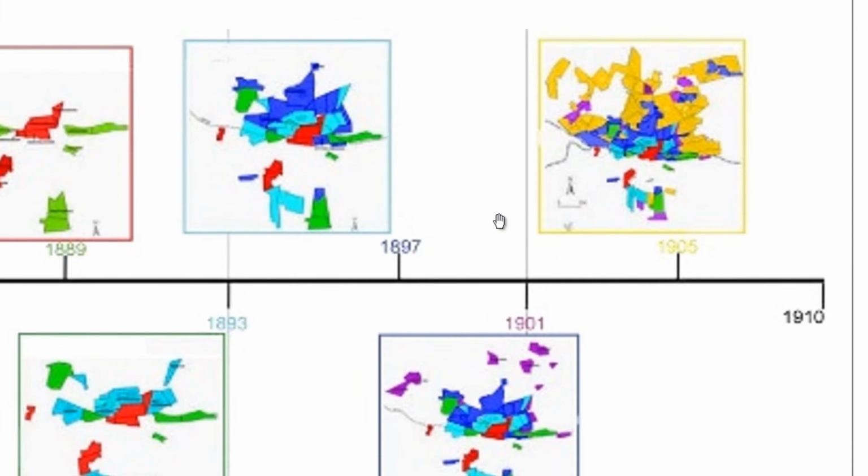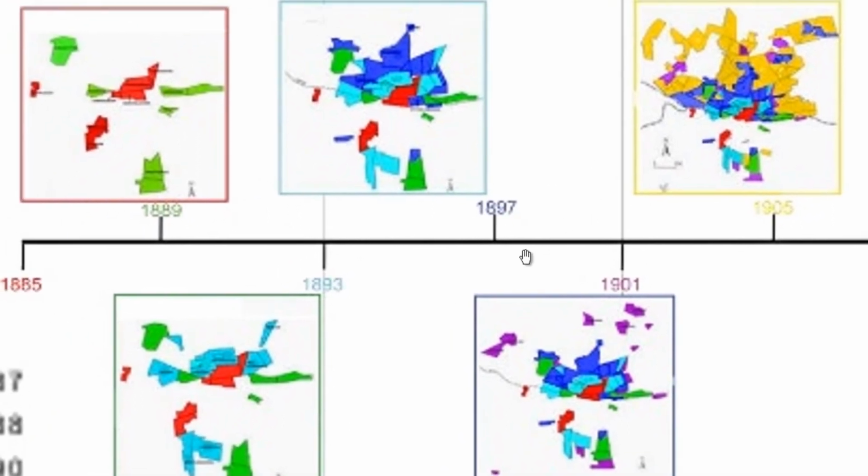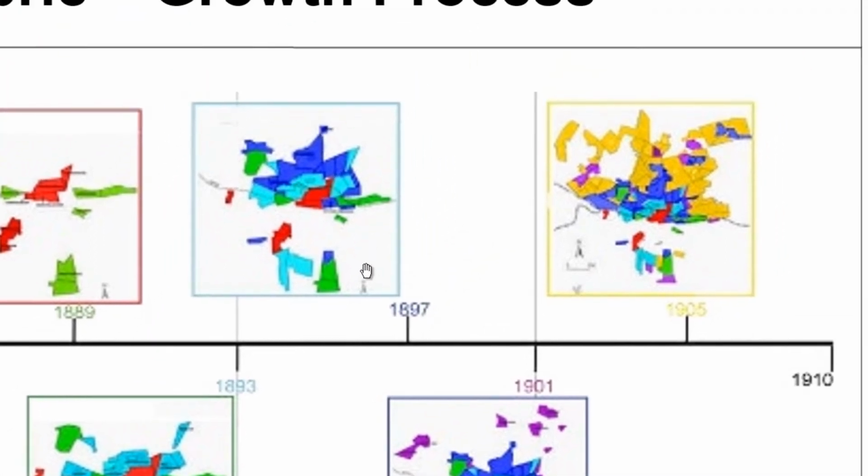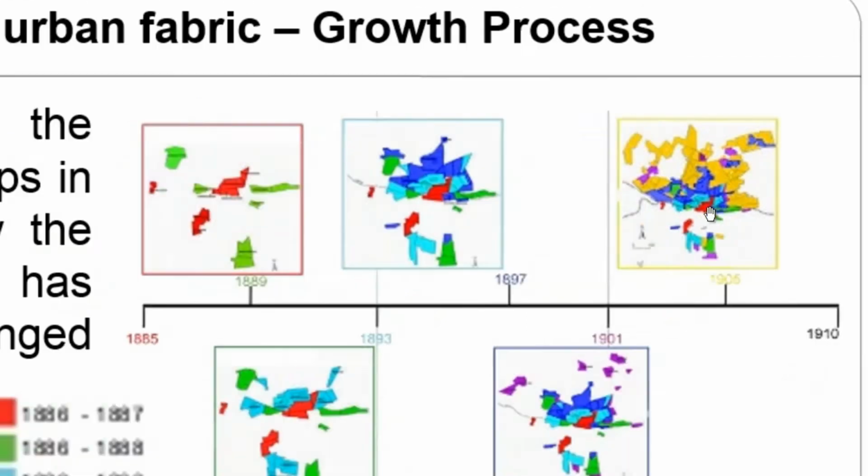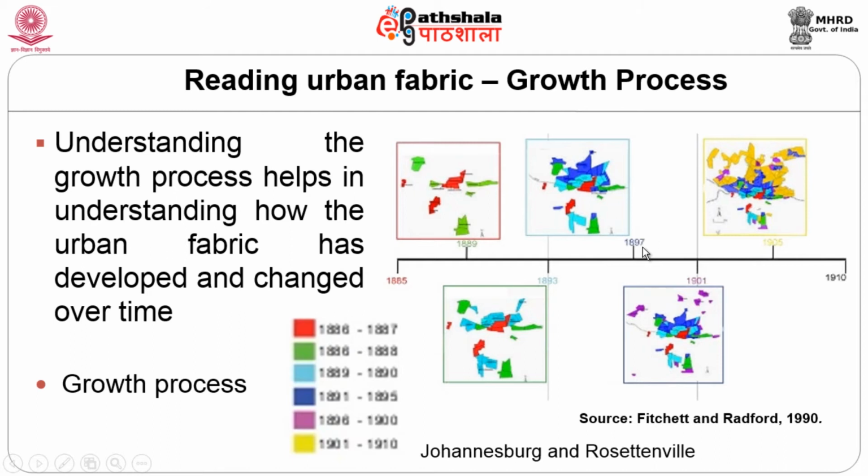Even without looking much, if you just look into the fabric of the city itself, though it is not a black and white map, you can understand how in 1889 this place was vacant and then how it has changed over a period of time, and again from 1897 to 1905 how these spaces have changed. So, the growth process of the urban fabric shows how the city has changed over a period of time and what was the reason for the change.